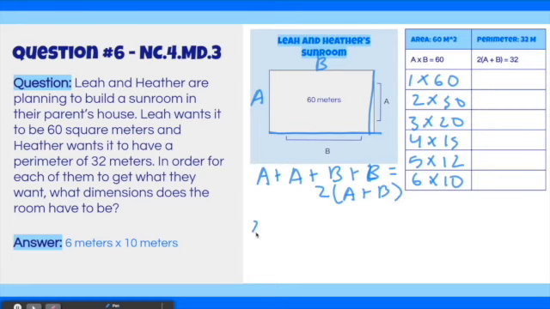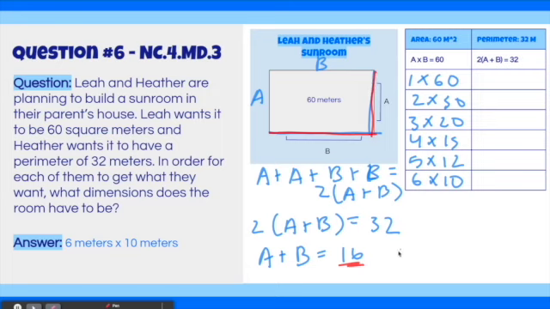So we know that 2 times (A plus B) is equal to 32. So to find A plus B, it is equal to 16. So what that means is we're going to represent this with red. That means this side plus this side is 16.